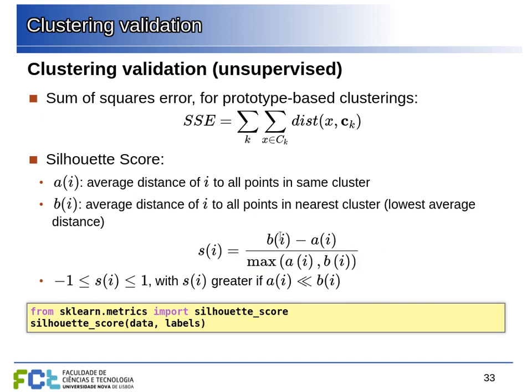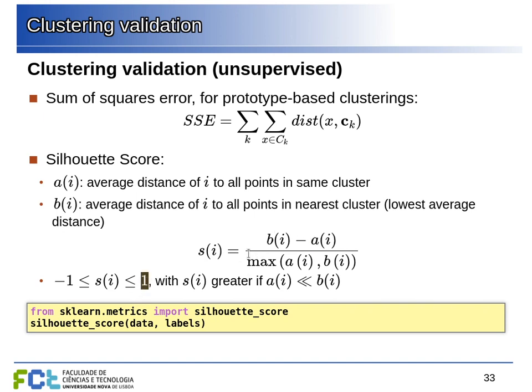So basically, if the distance to points in the nearest cluster is larger than the distance to points in the same cluster, this will be positive, and so we'll have a silhouette score greater than 0. And if this value here is much larger than this one, or the distance to the other cluster is much larger than the distance in the same cluster, then this silhouette score will go close to 1.